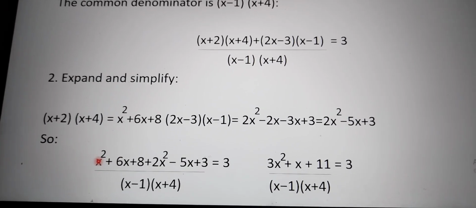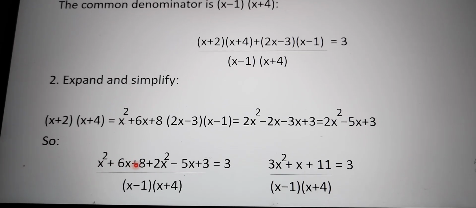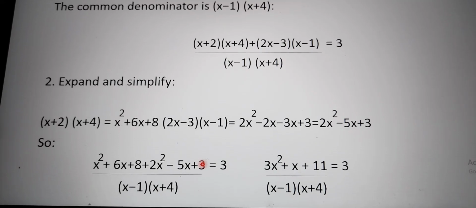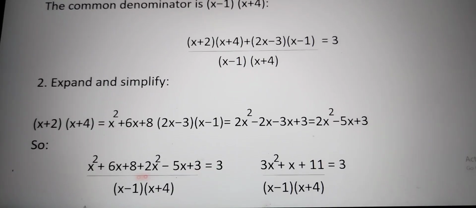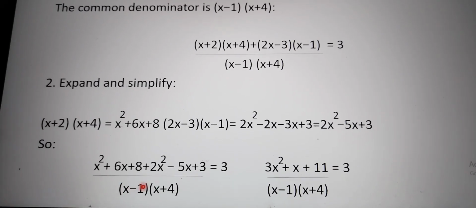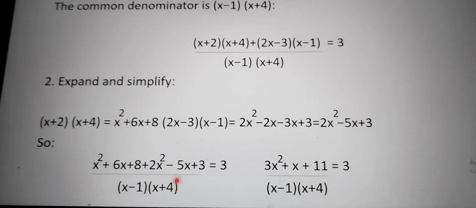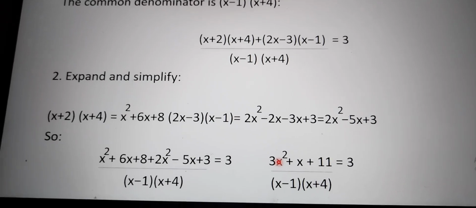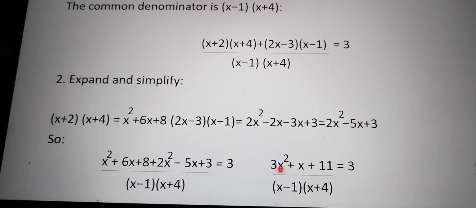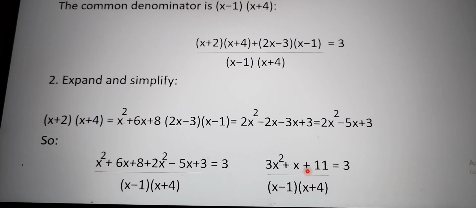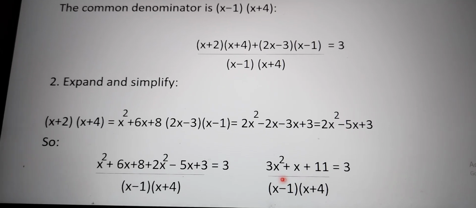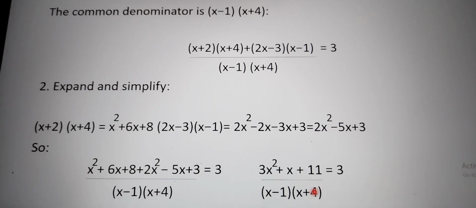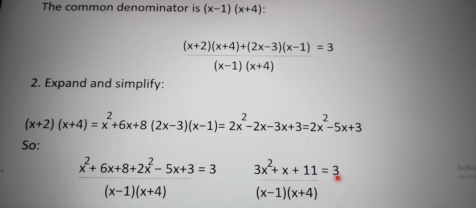When we see the simplified form, it says x squared plus 6x plus 8 plus 2x squared minus 5x plus 3 is equal to 3 over the whole (x minus 1) multiplied by (x plus 4). So we're going to simplify this one to another form, which will be this. When we simplify it again, it will be 3x squared plus x plus 11 over (x minus 1) in a bracket multiplied by another bracket (x plus 4) is equal to 3.